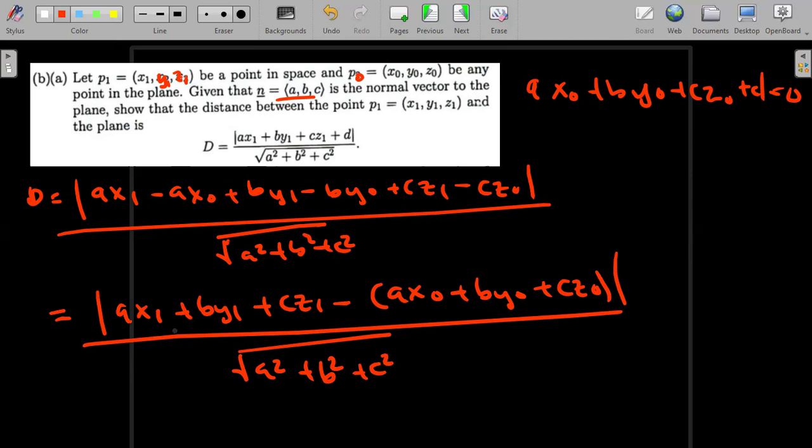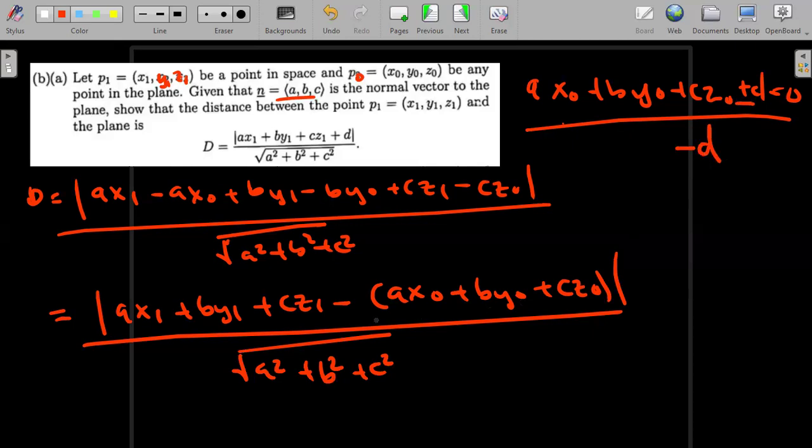So now what do I do? From this point, look where we have ax naught plus by naught plus cz naught. This equation which we wrote is the equation of the plane. So from this equation, if I take this d to the other side, it becomes negative d.